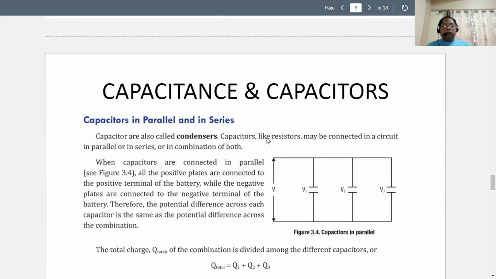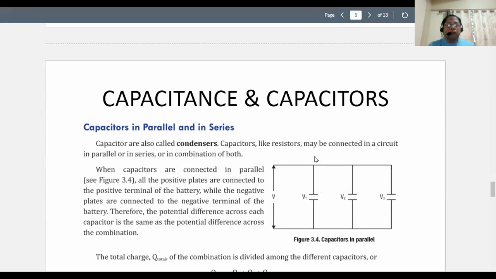Now we also have capacitances that we can attach in different ways. One is when the capacitances are attached in parallel. We call this parallel connected capacitances. Now the symbol for the capacitance is these two lines, guys.